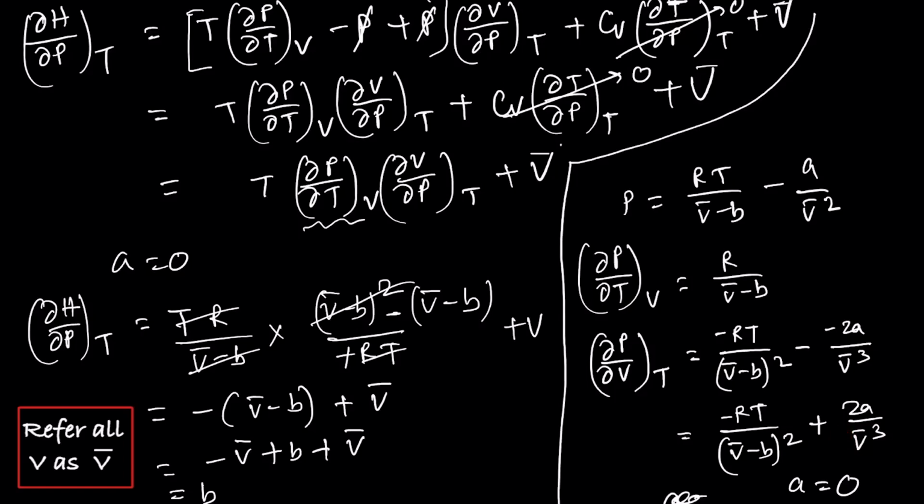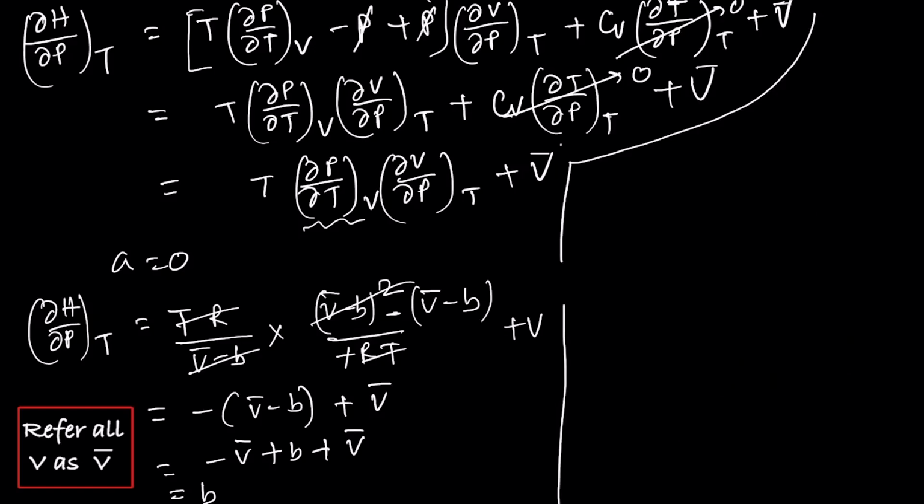But the interesting thing that I am going to show you here is that the Joule-Thomson coefficient mu JT is 1 by Cp del H by del P at constant T, right. What is the Joule-Thomson coefficient?